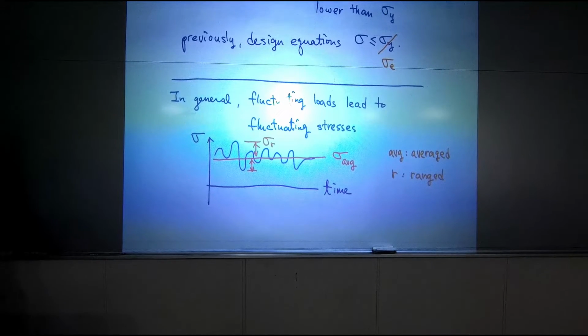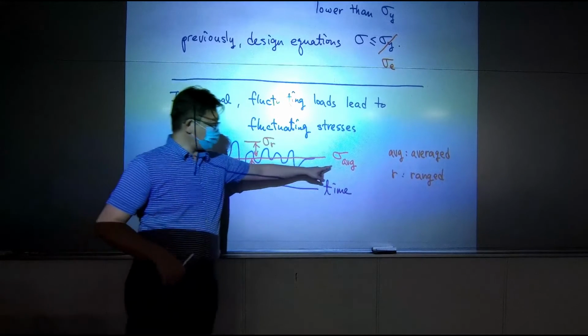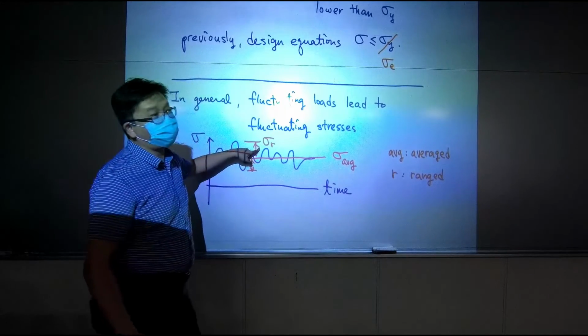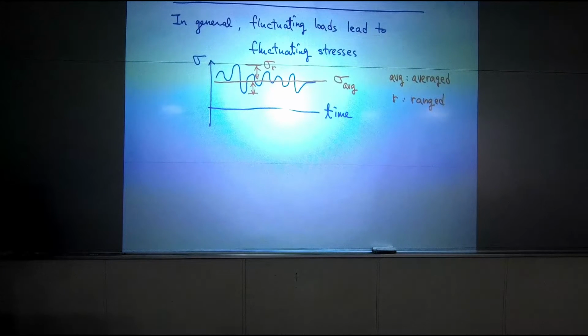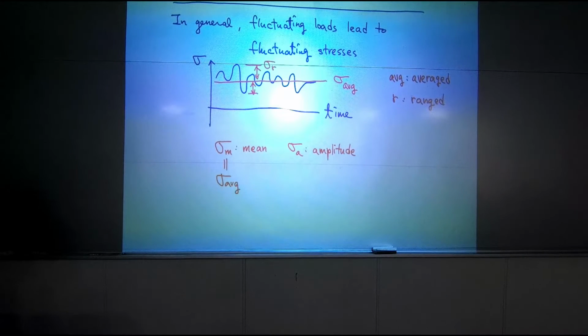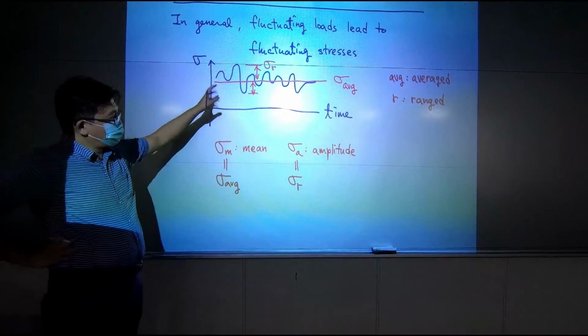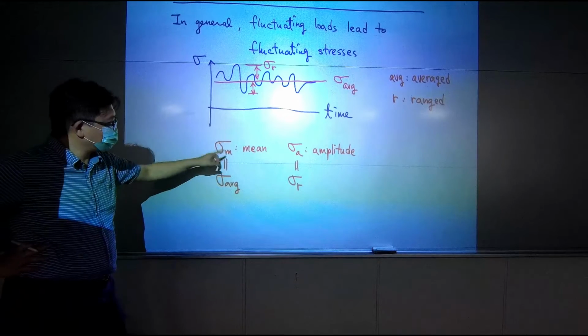In one of the textbooks that I read in the past, they use sigma AVG and sigma R. And in some other books, they use sigma M. M represents mean. And they use sigma A. A is amplitude. Same thing. Basically, this is your sigma AVG. This is your sigma R. It's the same idea, but different books tend to use different notations.